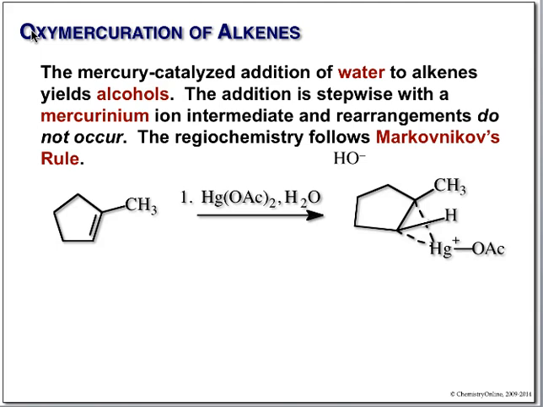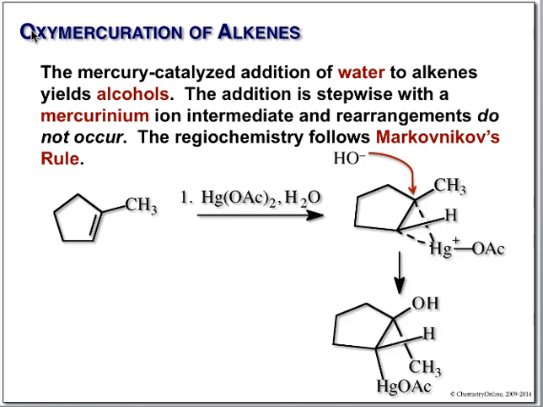Once we've made this intermediate, our charge distribution is going to be slightly different on each of these two carbons. Most of the positive charge is going to be on our tertiary carbon here. So in step two, hydroxide is going to attack. This is going to ring open to give us the organic mercurial. This is, again, the same sort of chemistry that can happen if you eat too much mercury. And it makes you really stupid and stuff like that.